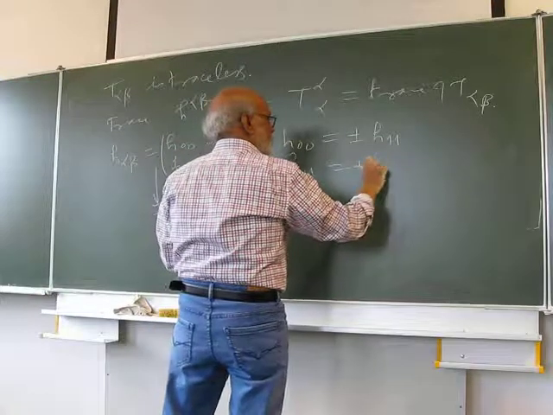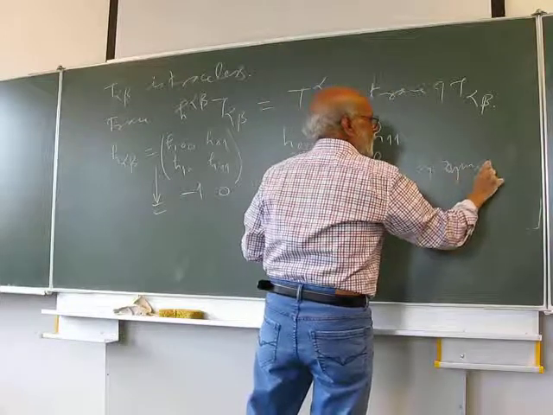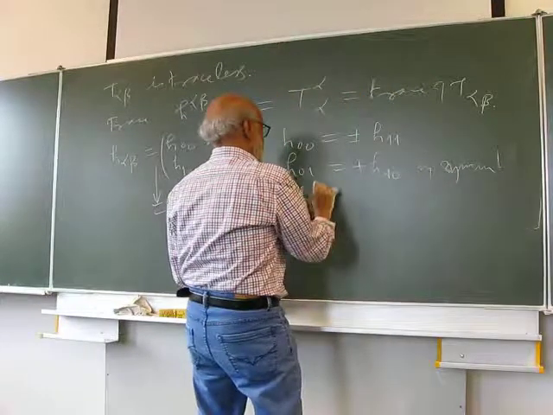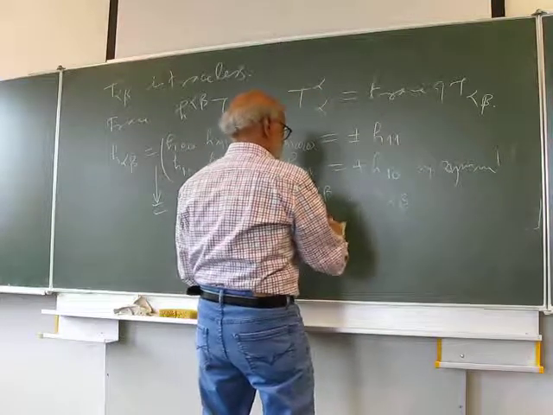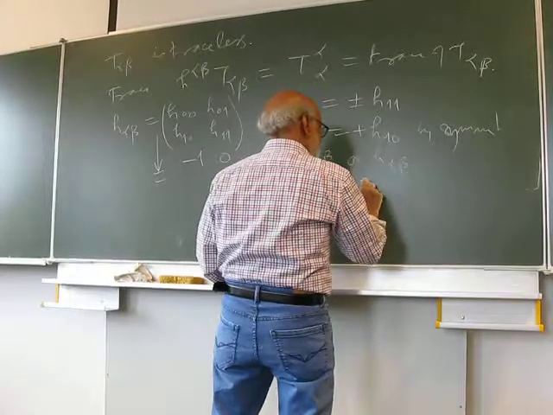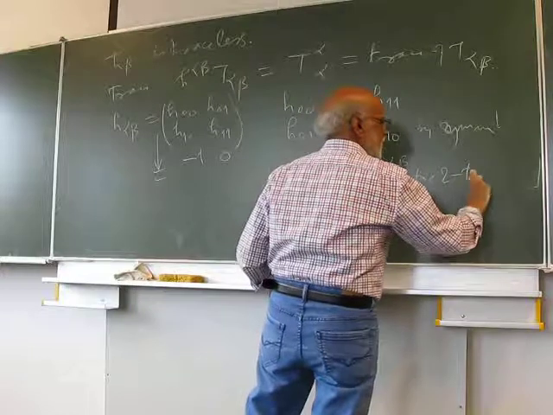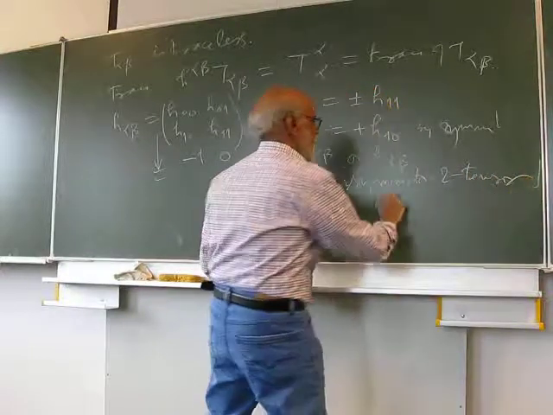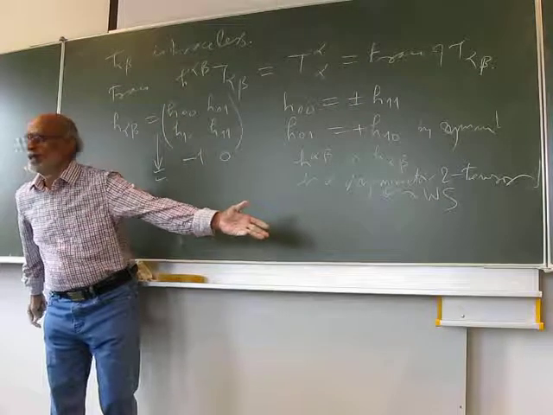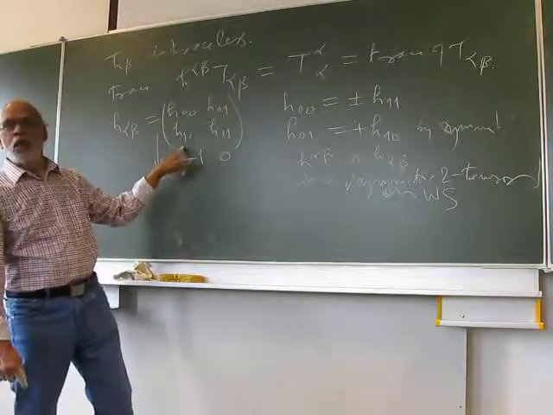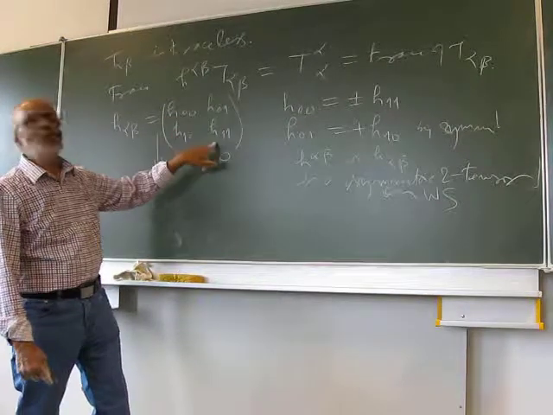Then by symmetry H01 would be equal to H10, because H alpha beta is a symmetric two tensor on the worldsheet. So by symmetry, this has to be equal to this. And because of the Lorentzian signature, this has to be plus or minus of this.